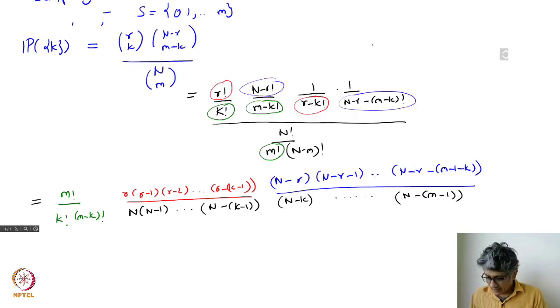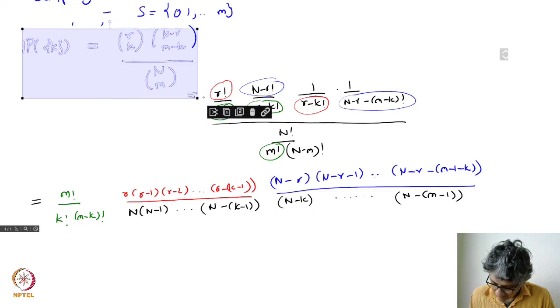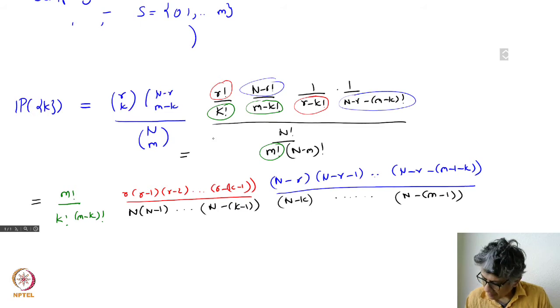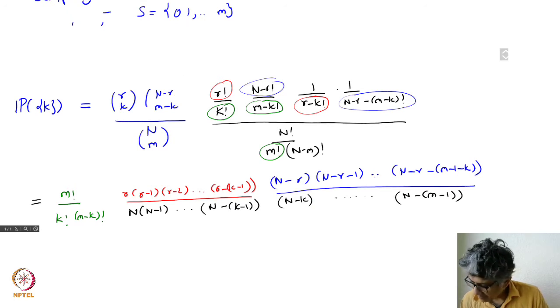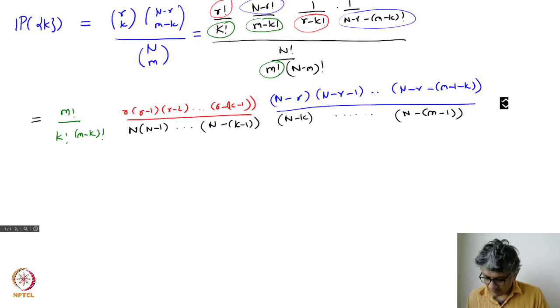So equal to this, and then I identify the red and the green term properly to get the answer. These also here, that's clear. So now you're in business. See, now you know P choose K is this whole formula, right?